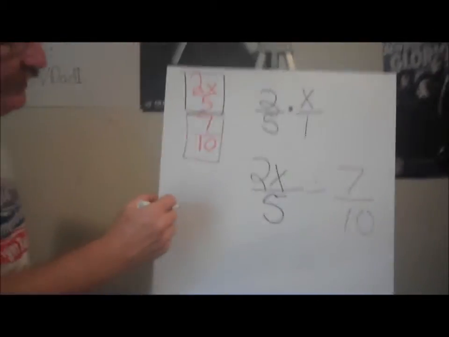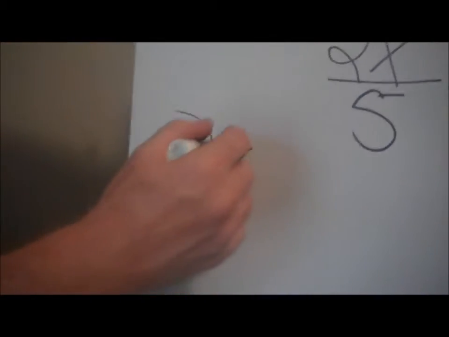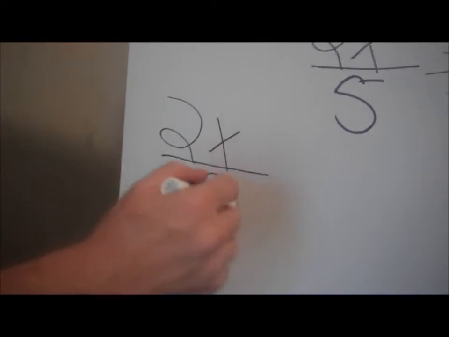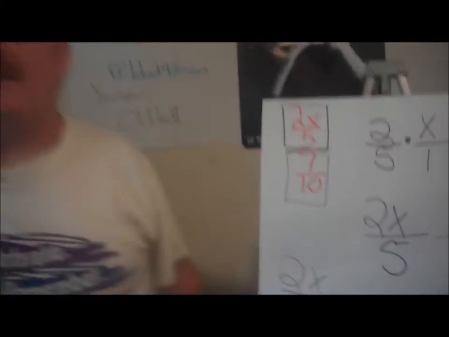Now, we go ahead from this step. We write 2x over 5, and anytime we divide a fraction, we're going to use the inverse of that relationship. We're going to multiply. Now we can't just say change the sign and be done with it.